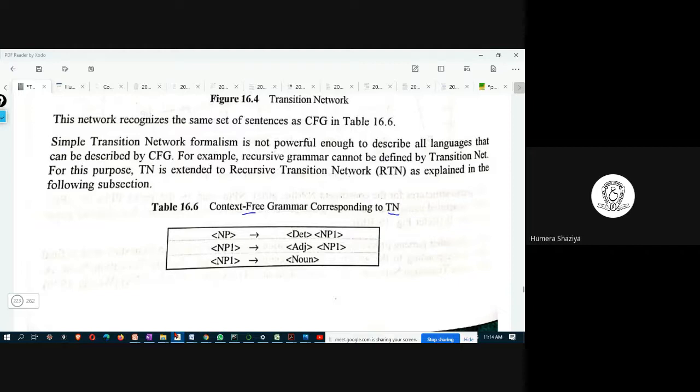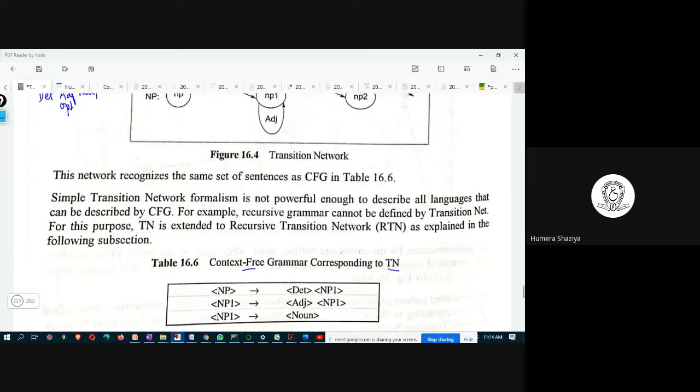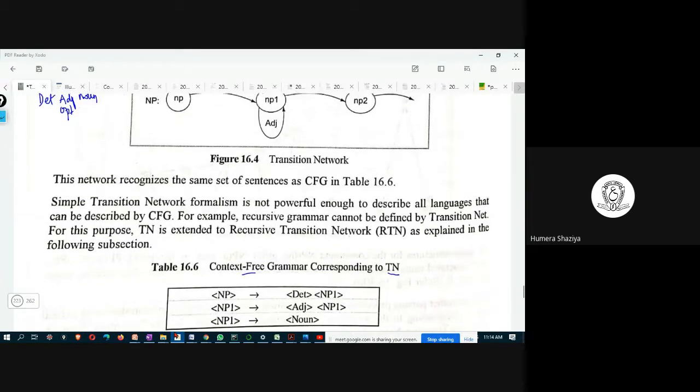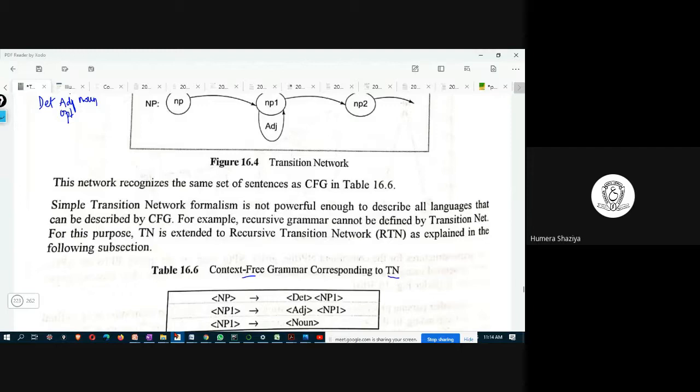Noun phrase 1 is defined as adjective noun phrase 1. Again, noun phrase 1 is defined as noun. Why do we have these three rules? Please observe here. NP, after the determiner, is leading to NP1.